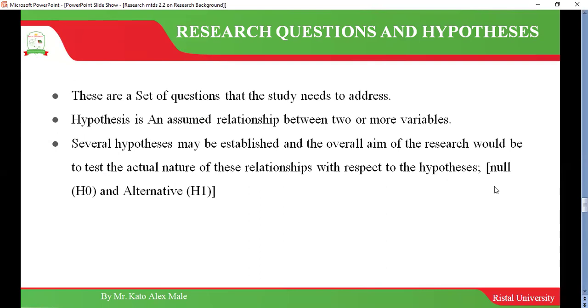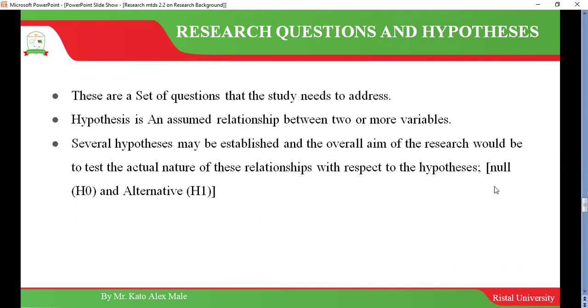I am getting this example from the study that we used as an example here. So the null will say lack of physical exercise is not associated with high blood pressure. The alternative hypothesis will say lack of physical exercise is associated with high blood pressure. Those are the two hypotheses.